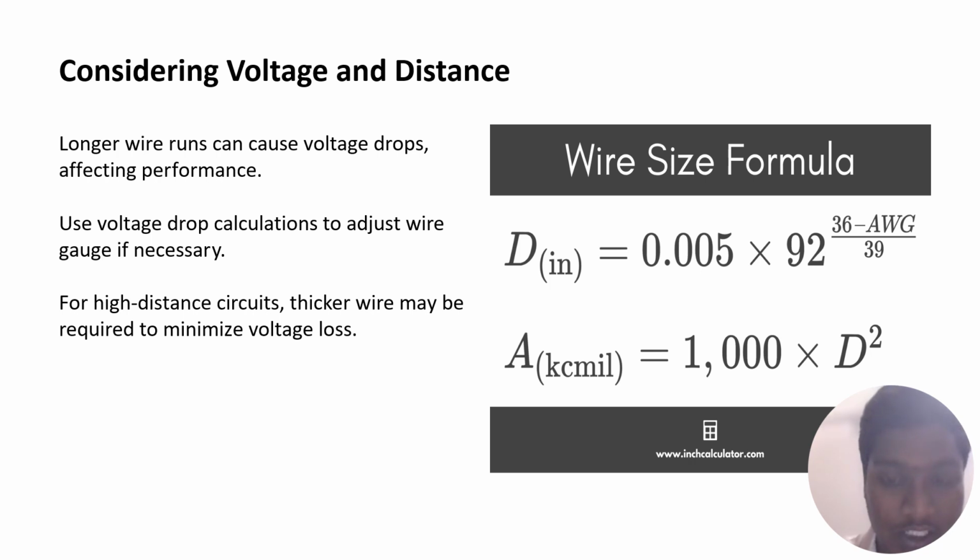In the image, the wire size formula: D equals 0.005 times 92 to the power (36 minus AWG) divided by 39, and the area in circular mils equals 1000 times D squared.